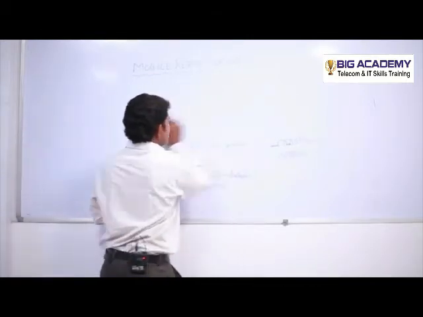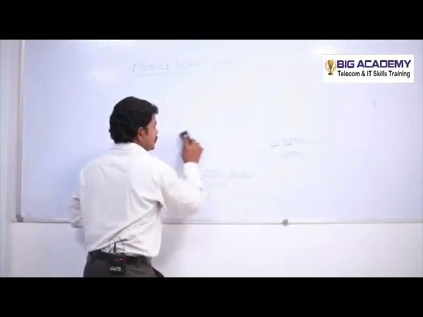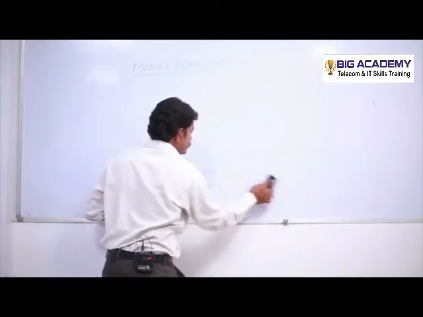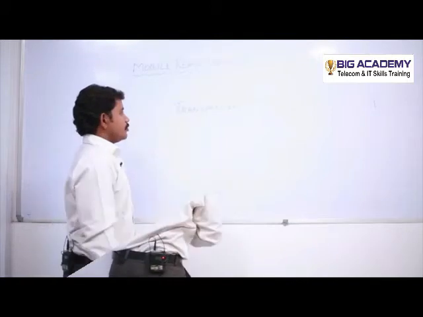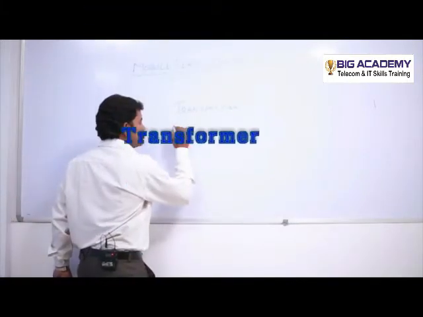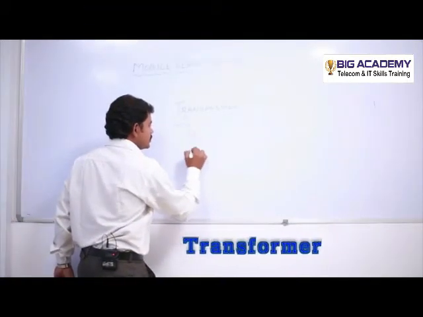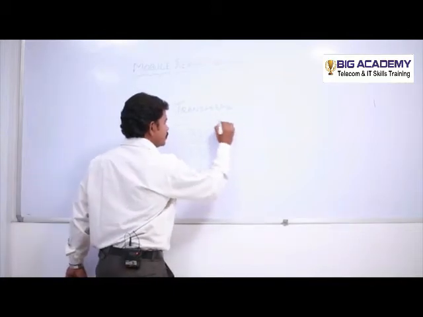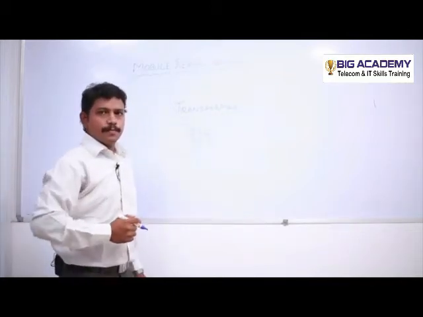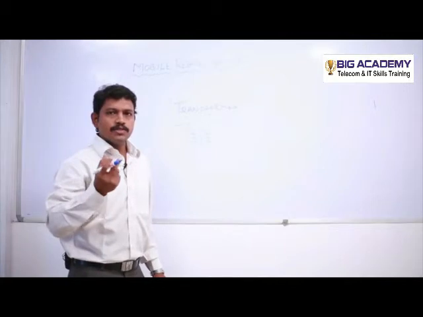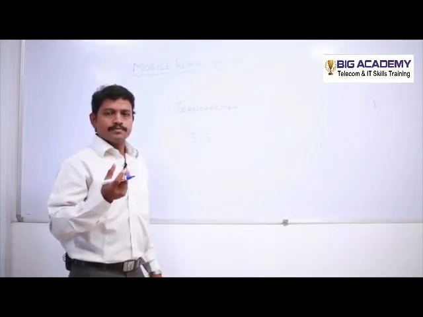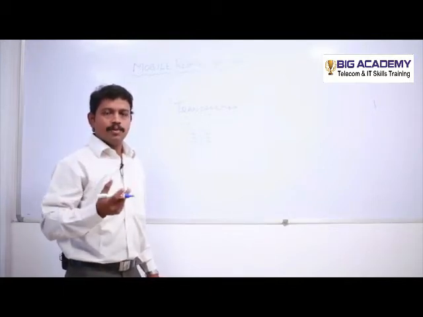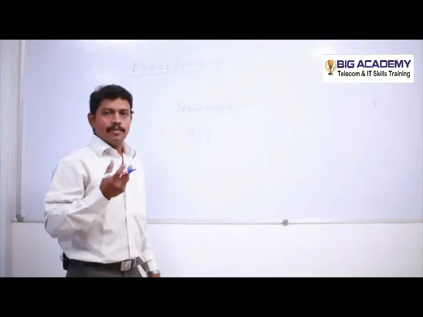And next, as I said earlier, next to the capacitor, we'll see what is a transformer. So why are we going into the transformer? What is the relationship with mobile service? See, everybody is using an adapter. If you have a laptop or a mobile, you have a power adapter.